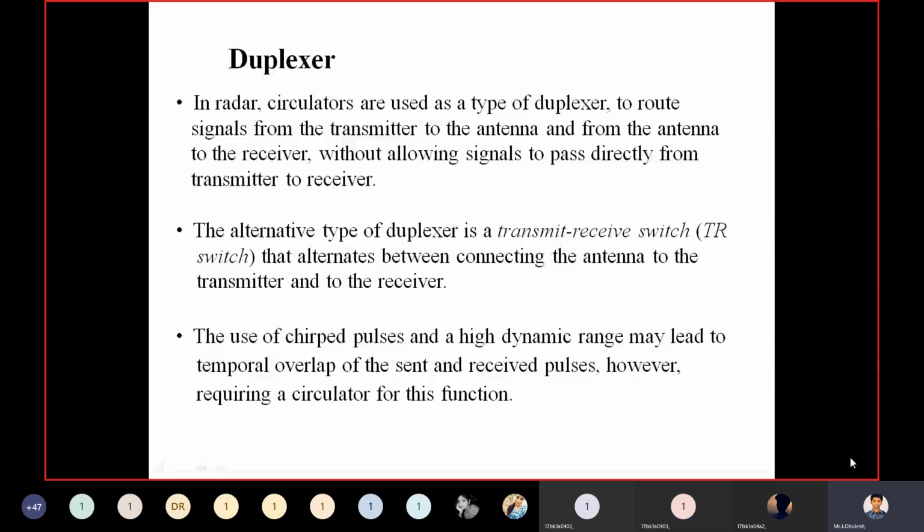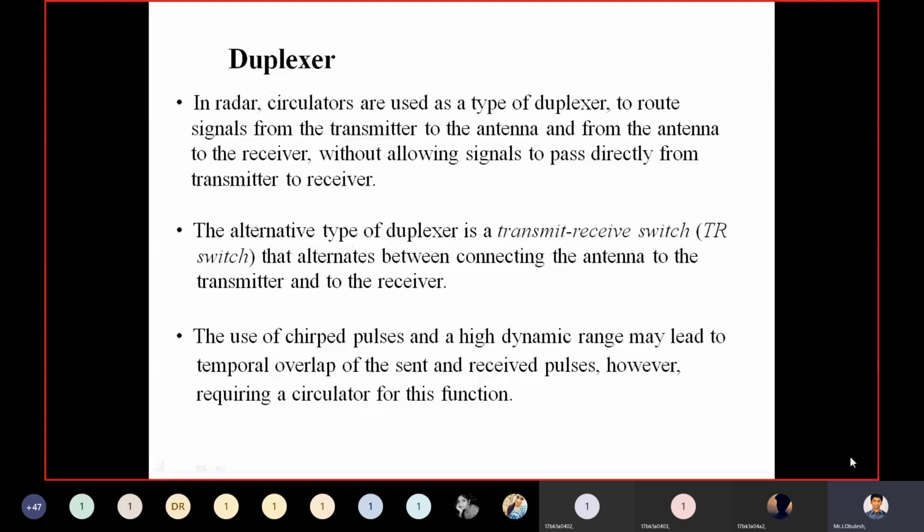Because of that, we say the circulator acts as a duplexer.